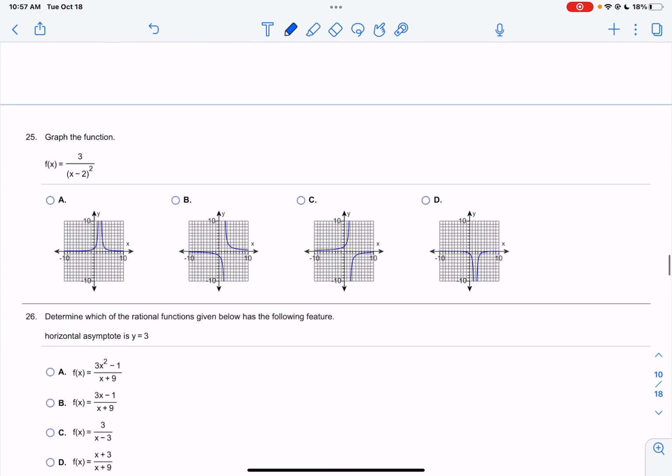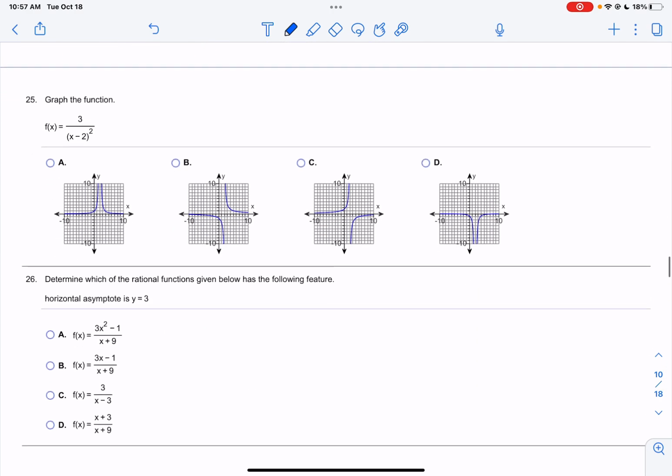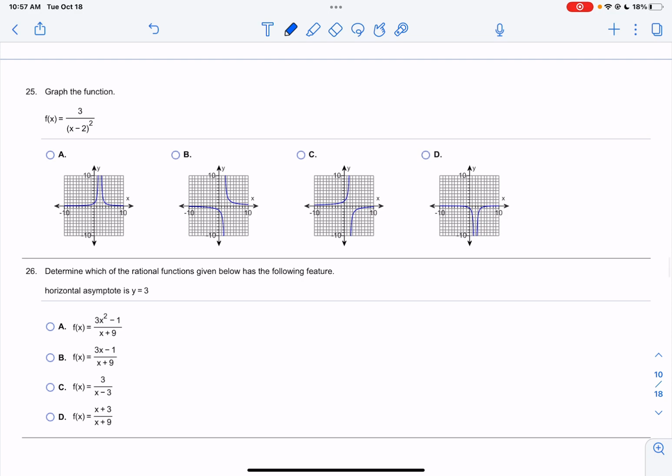Looking at number 25, we want to graph the function. We can graph rational functions by determining if there are any vertical or horizontal asymptotes. The vertical asymptotes will occur at the x values that would make the denominator equal to 0.